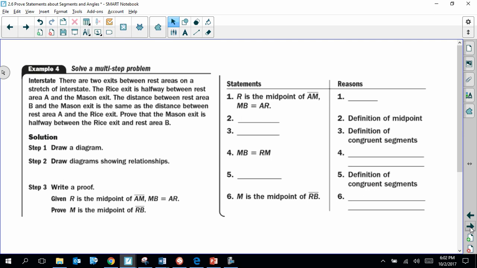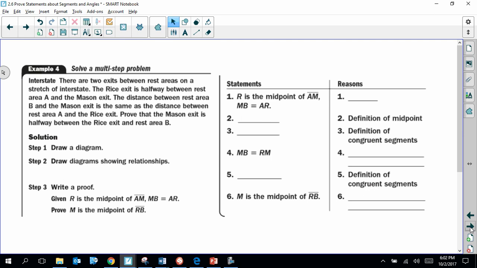But a lot of times what they don't give you is a diagram for it. They just say we have this thing, and you're having to rely on your knowledge of your vocabulary in order to be able to say, oh, well, this means this, and I can draw it this way, and so on.